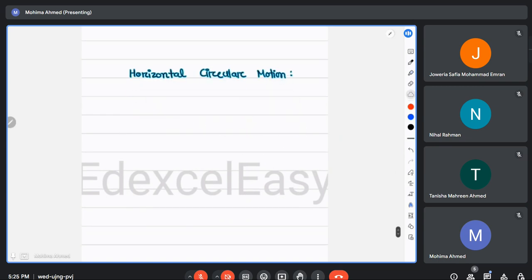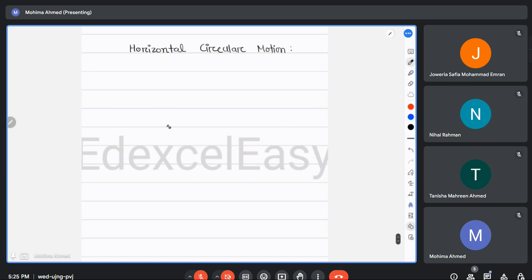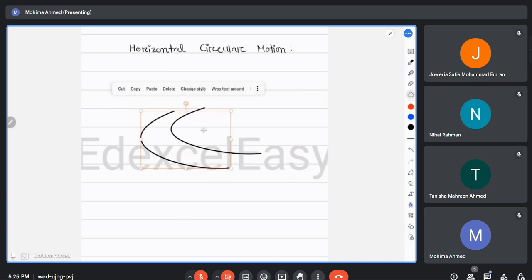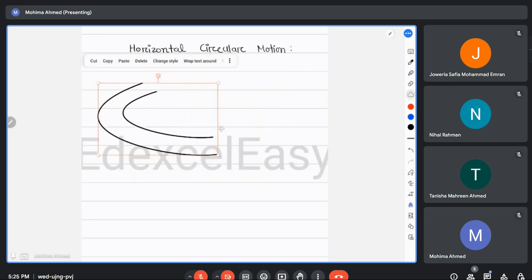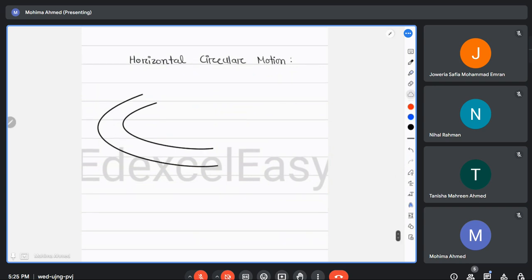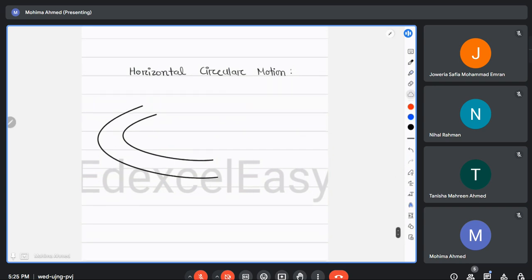For horizontal circular motion, this is how we can think about it. This can be used as the example for horizontal circular motion.